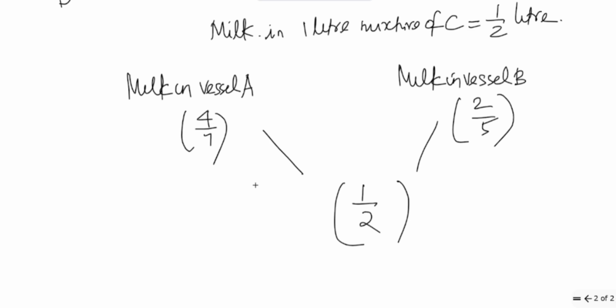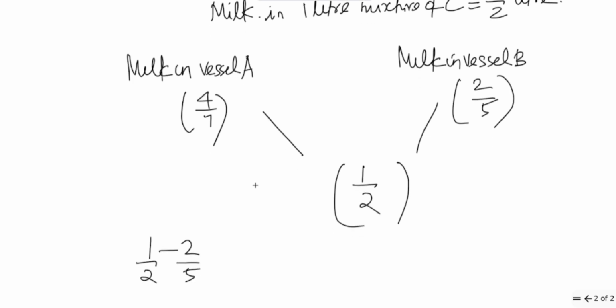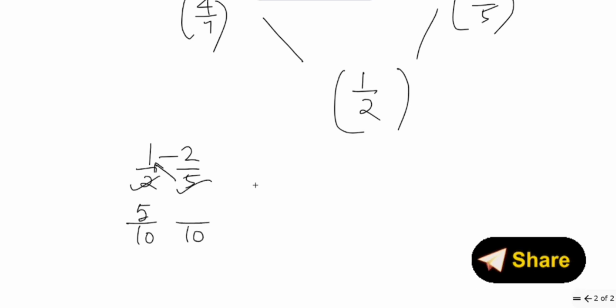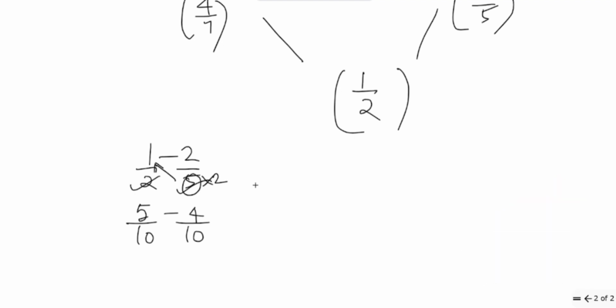So once we do the subtraction, what are we getting? We need to take LCM here. So it becomes 10. 2 times 5 is 10. So 1 times 5 and here 2 times 2 is 4. Because 5 goes in 10 2 times, so 2 times 2 will give us 4. Similarly 2 goes into 10 5 times, so 1 times 5 will give us 5. So 5 minus 4 is 1. 1 out of 10.